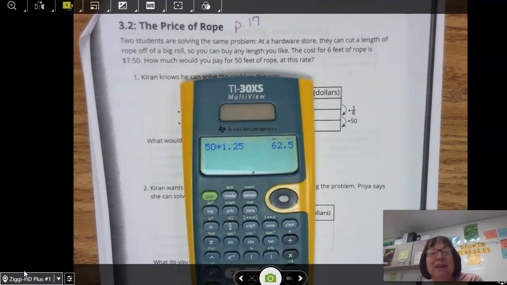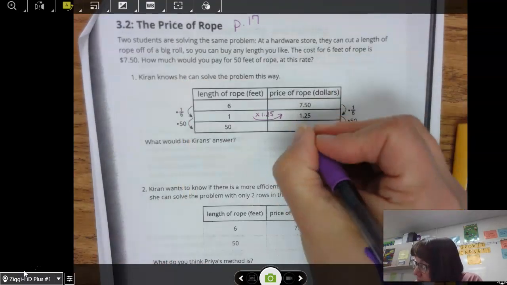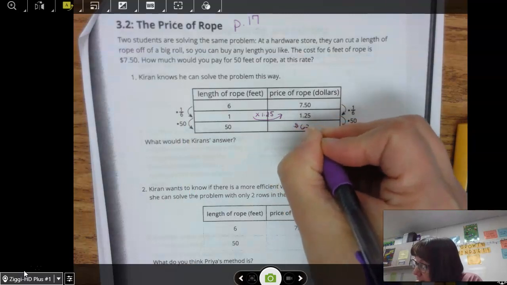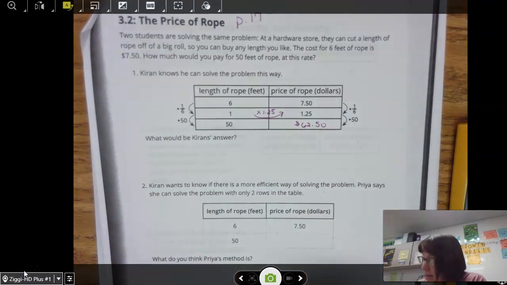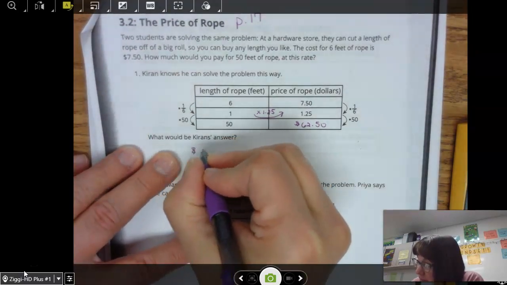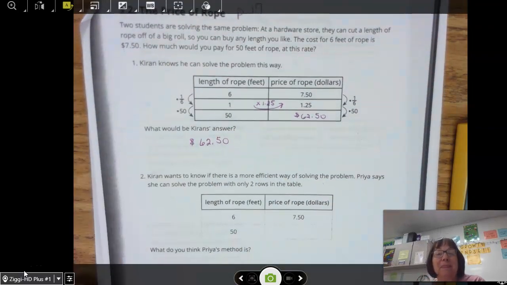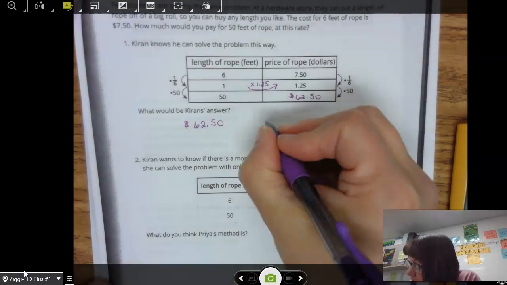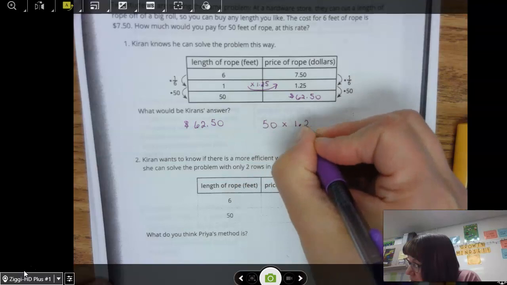And that tells me that that would cost $62.50. Okay, so what is Kieran's answer? $62.50. And we did that by taking, so you remember, 50 times the constant, or 1.25.